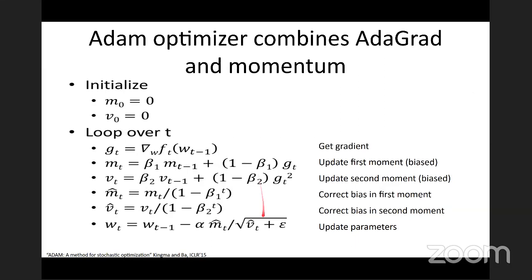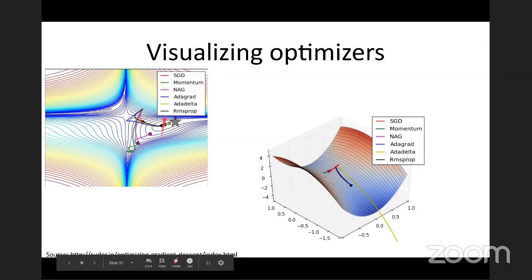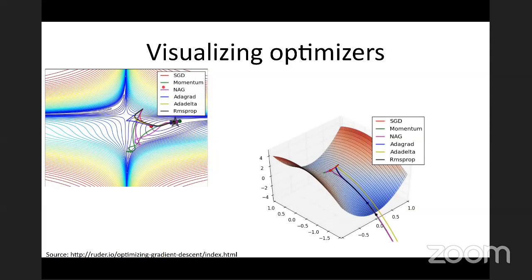All right. So now let's look at a visual of what happens when you compare all these optimizers together. Okay. So this is your optimal point. You have SGD in red, you have momentum in green, you have Nesterov accelerated gradient in purple, Adagrad, etc., and RMSprop.